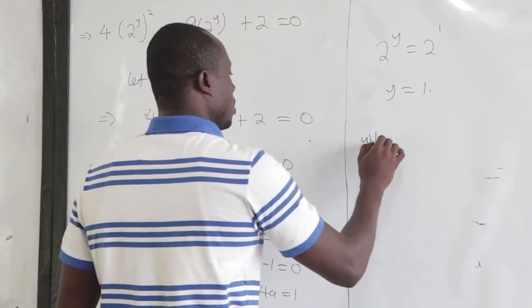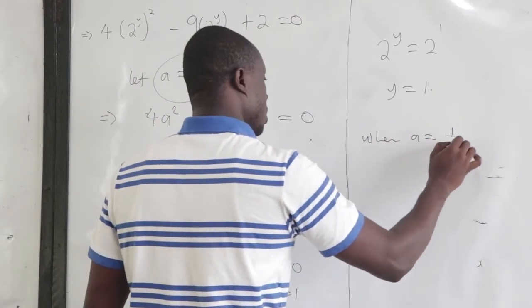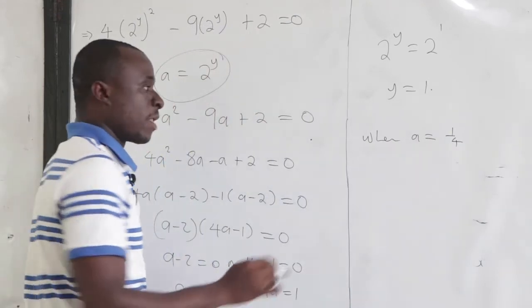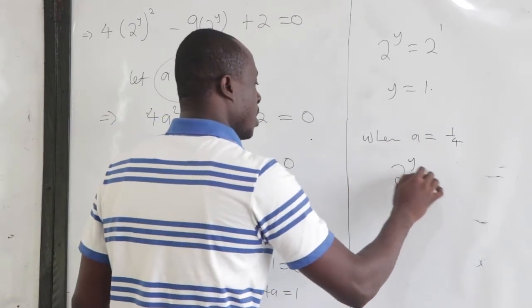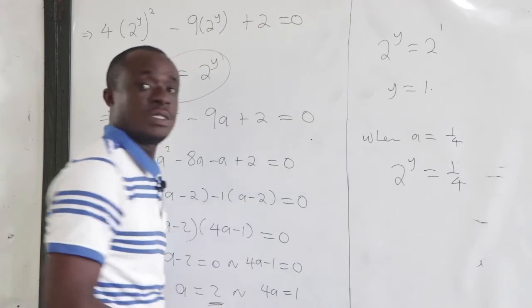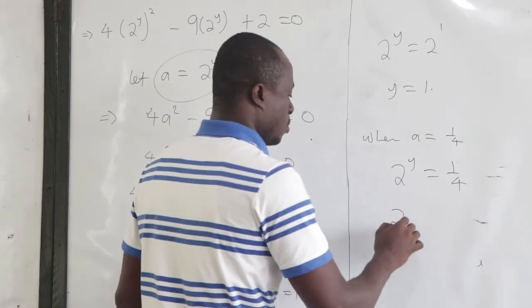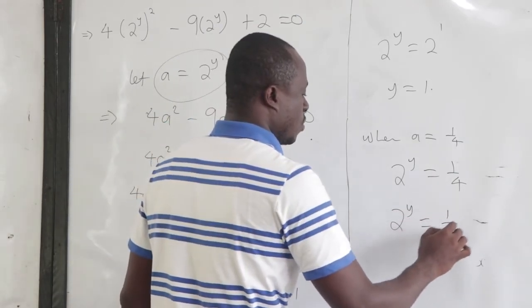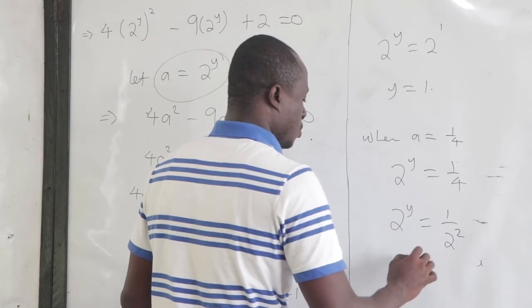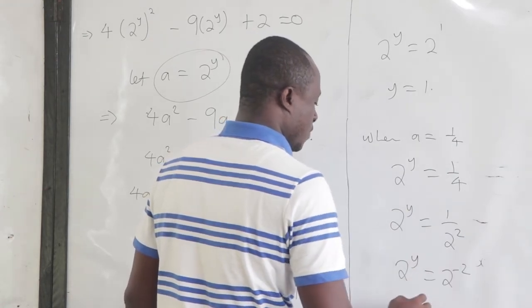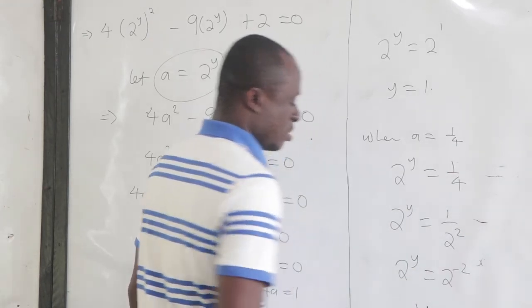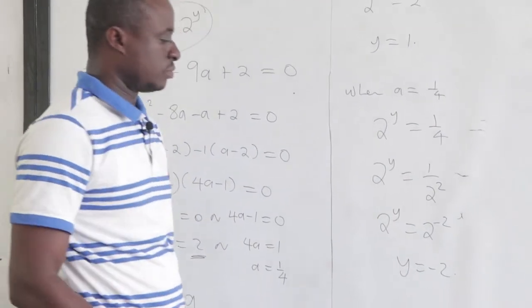And also when a is 1 over 4, we have 2 to the power y equal to 1 over 4. We can change the bases to be the same. 2 to the power y equal to 1 over 2 to the power 2. 2 to the power y equal to 2 to the power negative 2. y equal to negative 2.